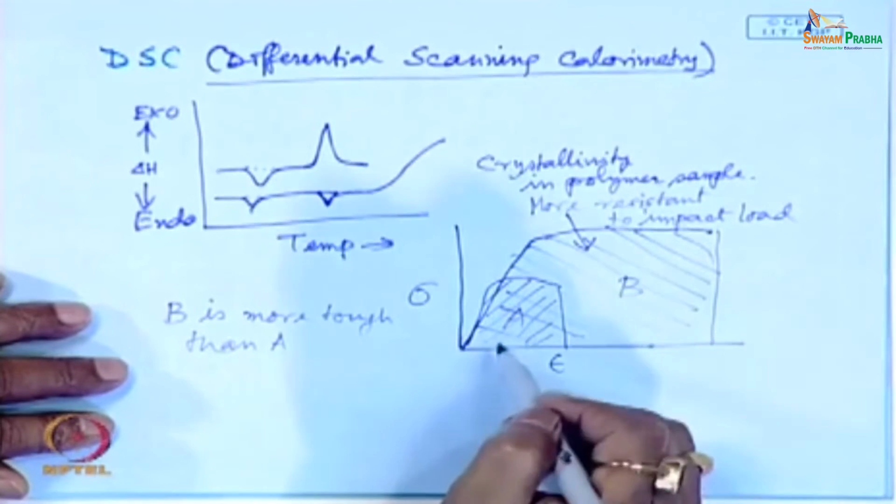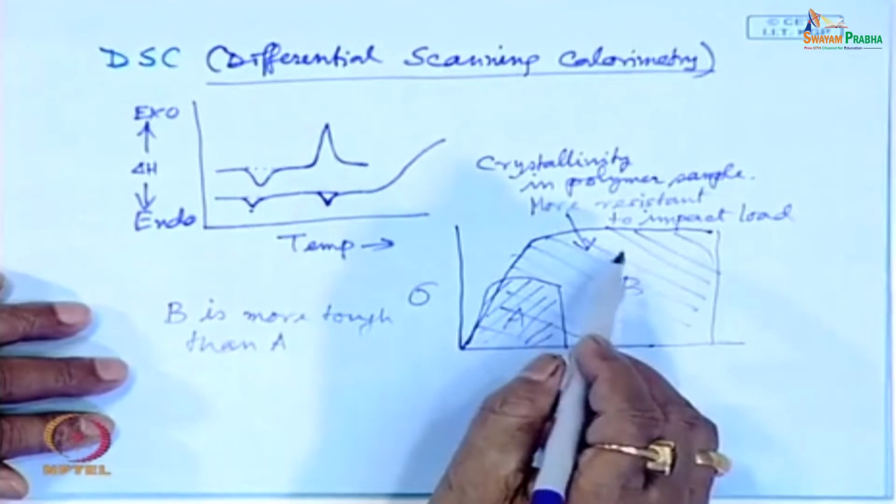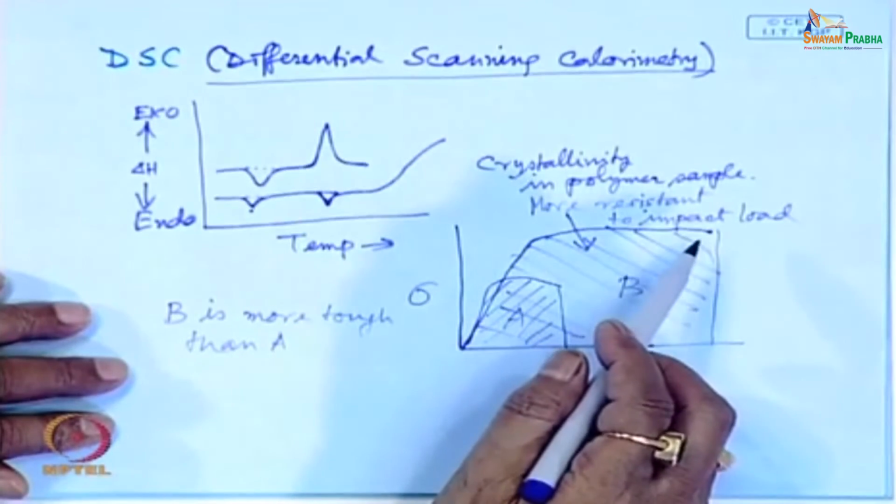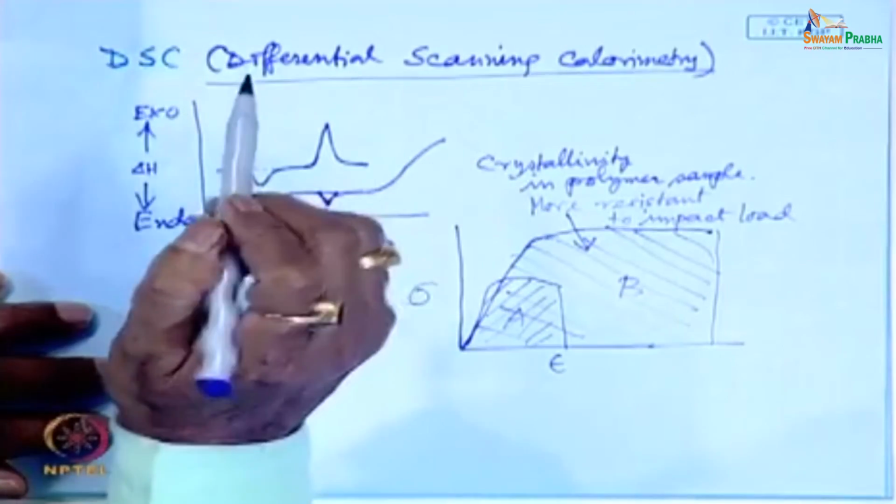So, this is tougher than this one. So, this toughness depends on the stress level as well as the deformation level. When some impact energy is imposed on a material, suppose you give a blow, if it can absorb that energy, then it is tough.